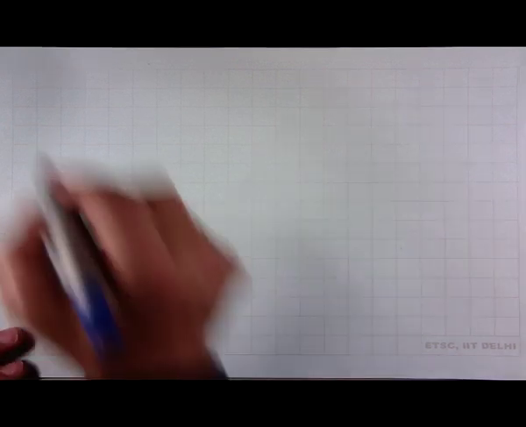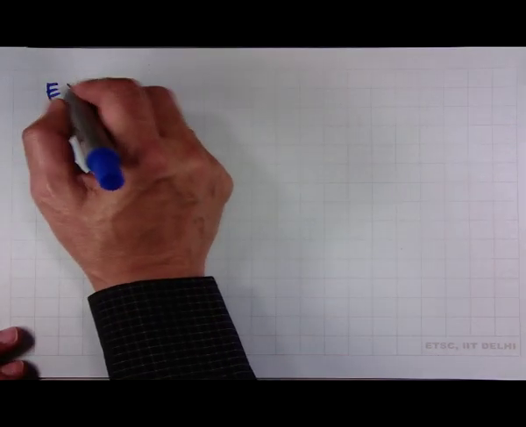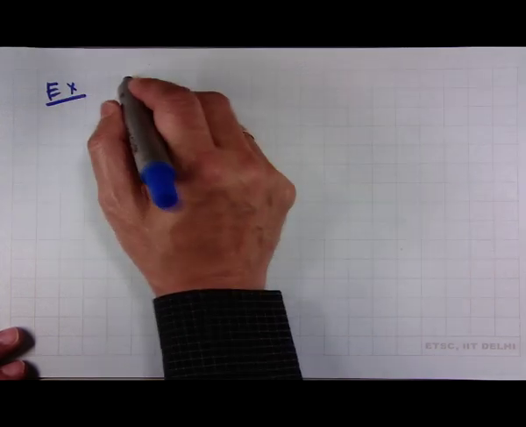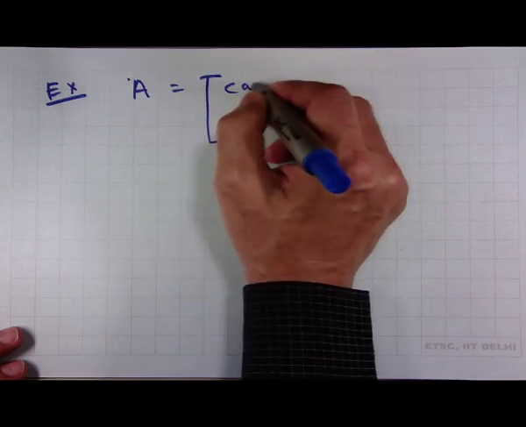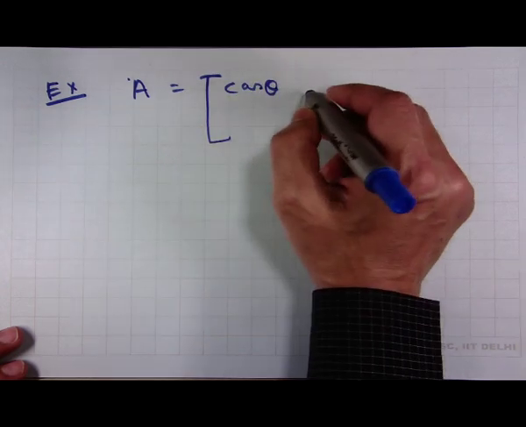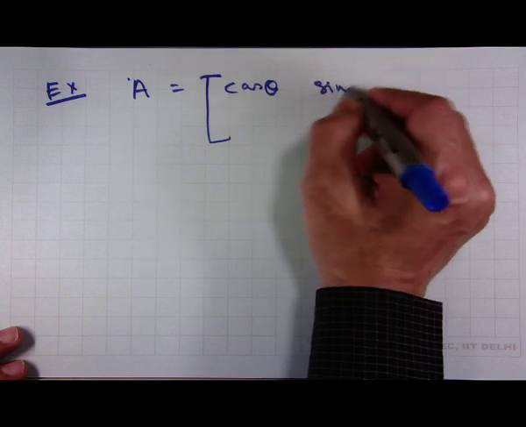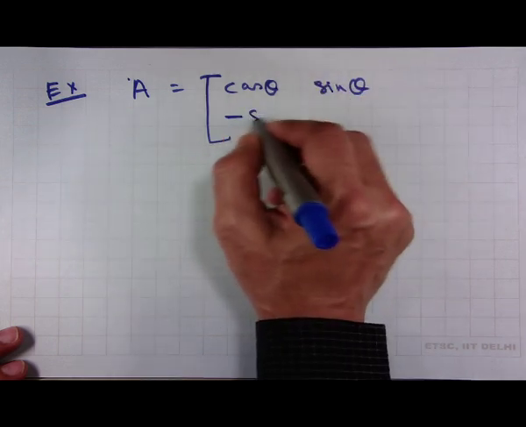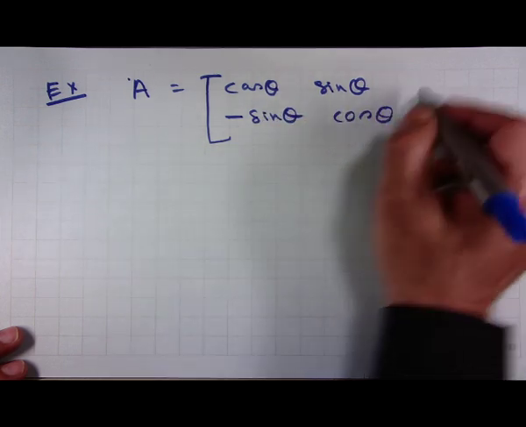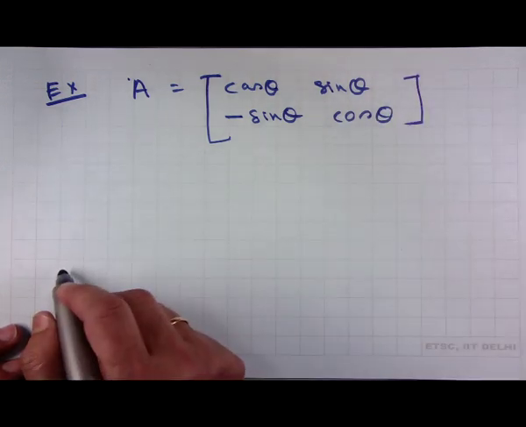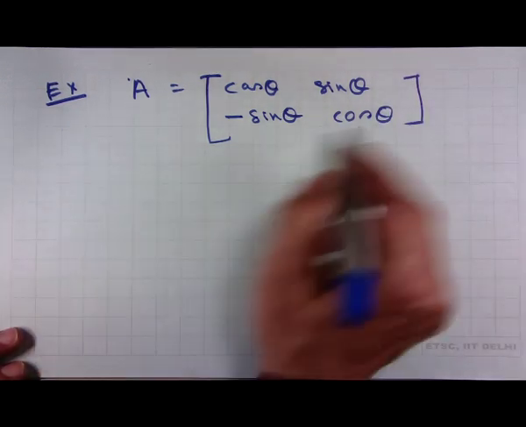A third example, A is equal to cos theta, sin theta, minus sin theta, cos theta, for some arbitrary theta.